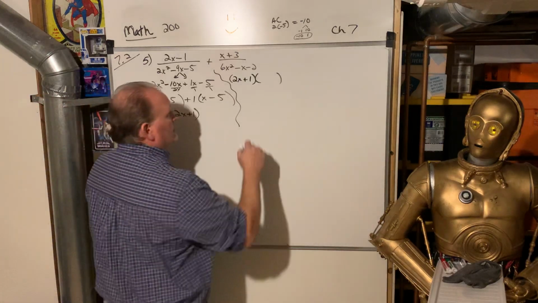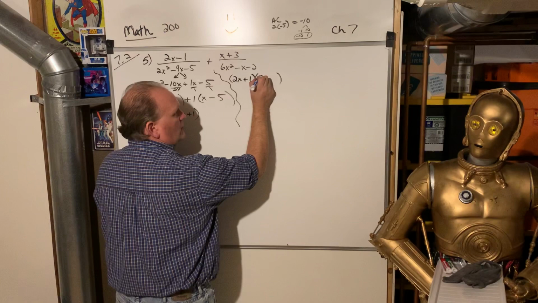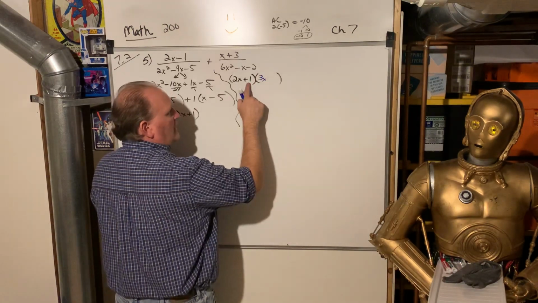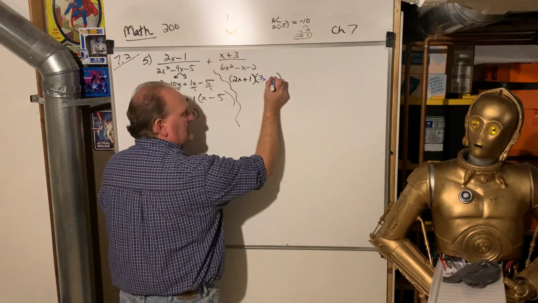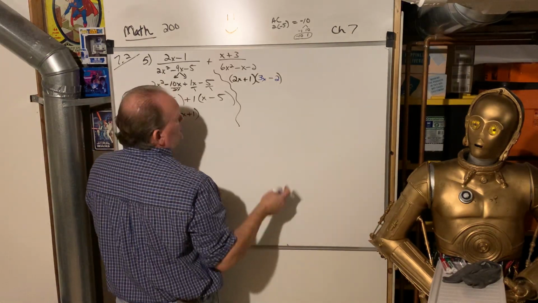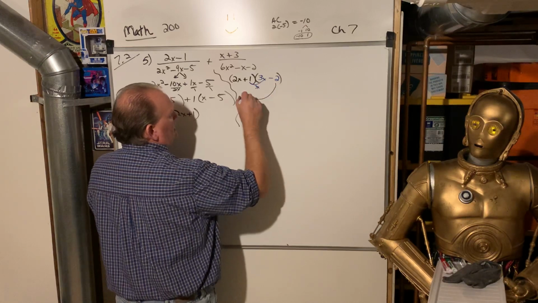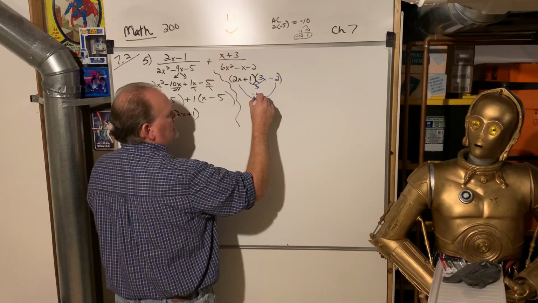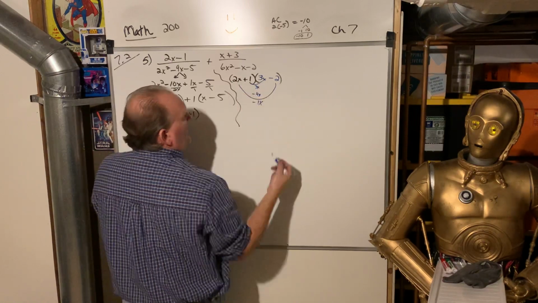So look, 2x times blank is 6x squared. Well, that would be 3x. Positive 1 times what is -2? Well, that would be -2. Now, you still have to double check the middle term. So we get 3x, and we get -4x, and when you add those together, you get -1x. So it does work. So that is factored.